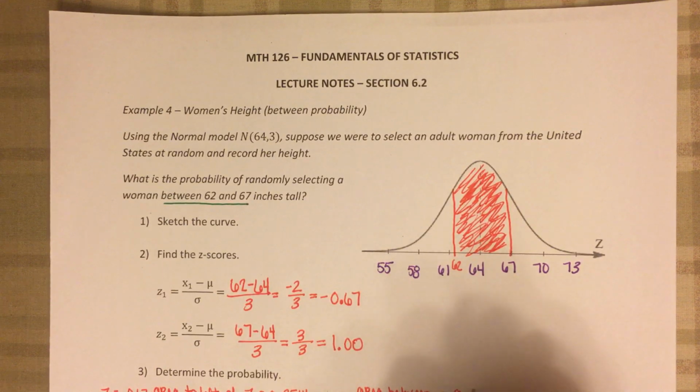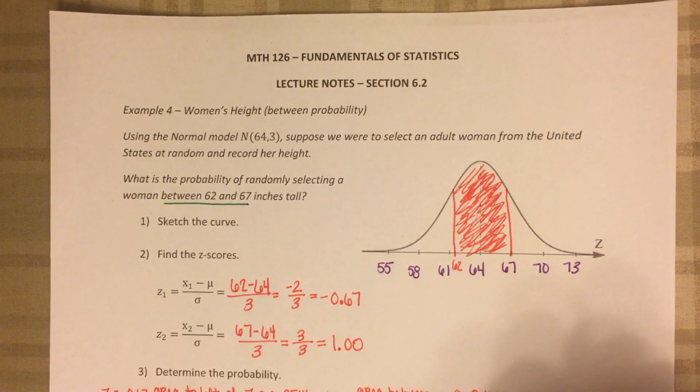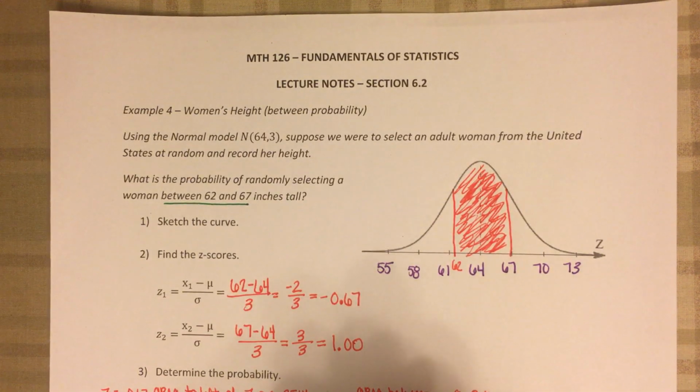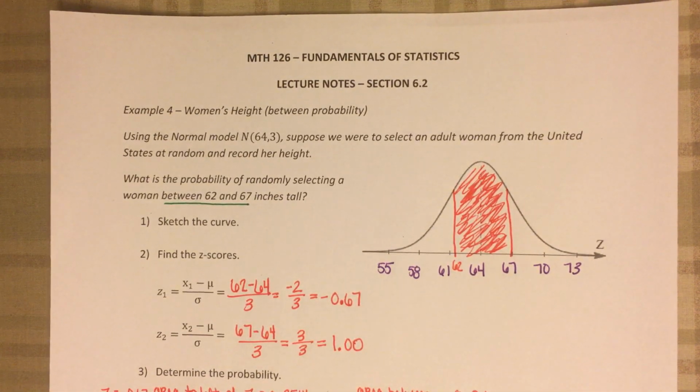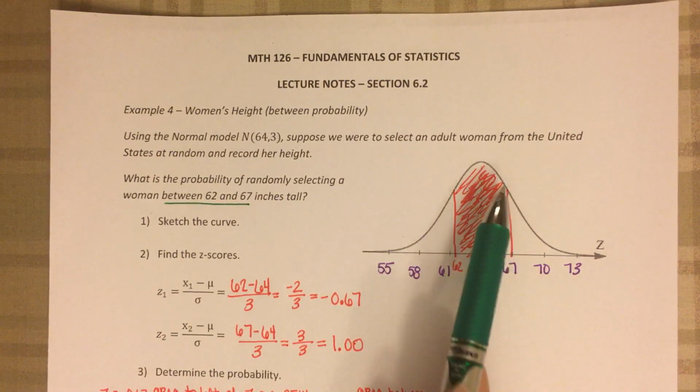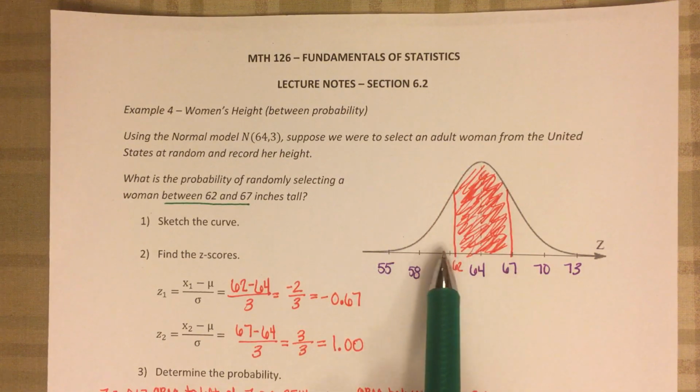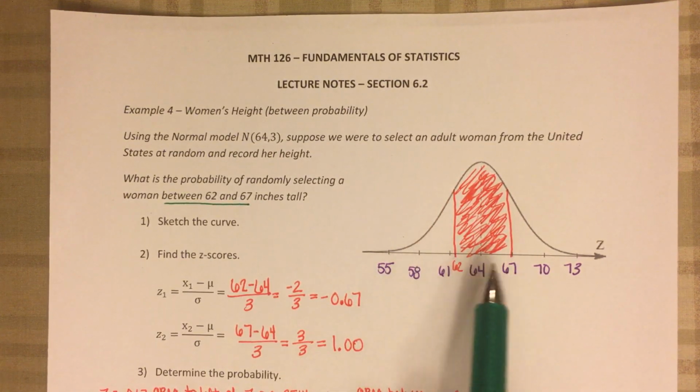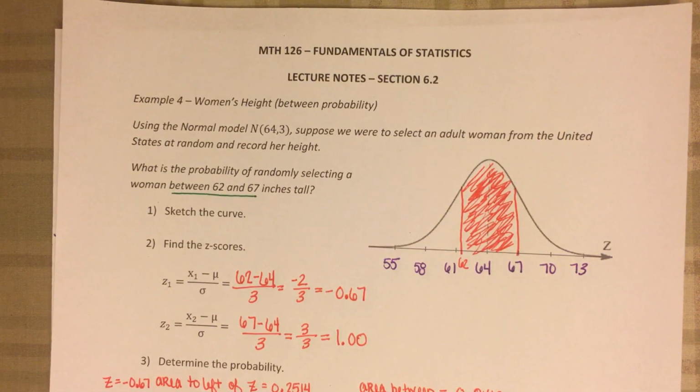So we're going to go 0.8413 minus 0.2514, and that gives us 0.5899. So area between is always a subtraction. And it's always a subtraction where we're taking the larger number minus our smaller number. Because we're taking the whole area to the left of that larger one, and then we're getting rid of this little portion, which is just leaving us the part in the middle.